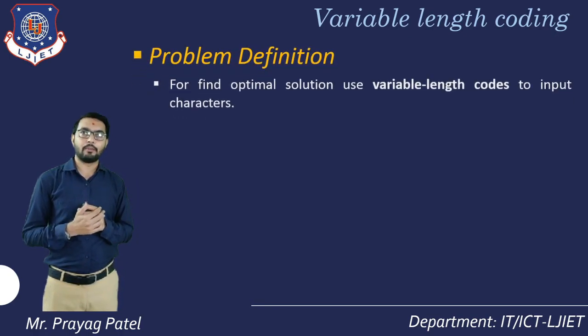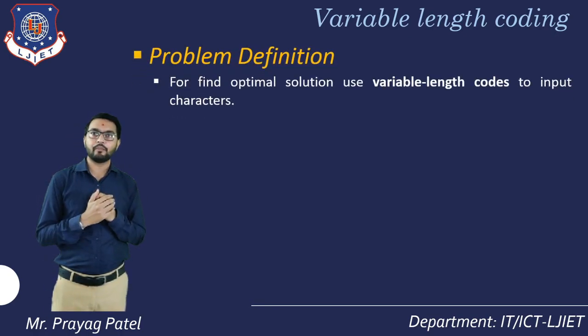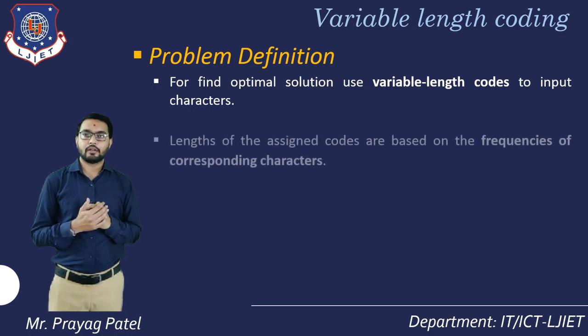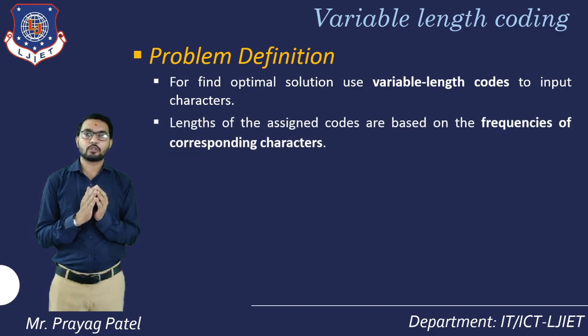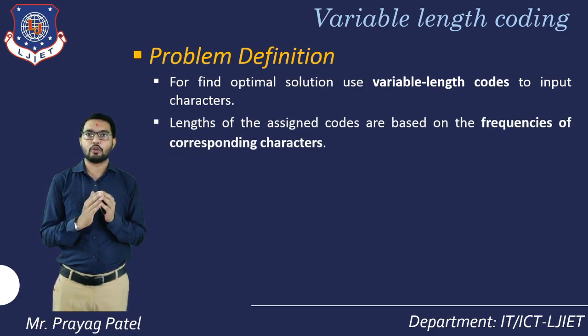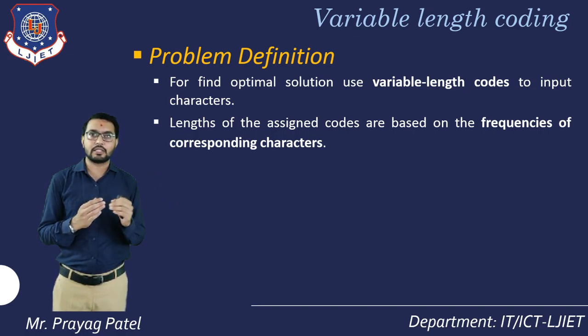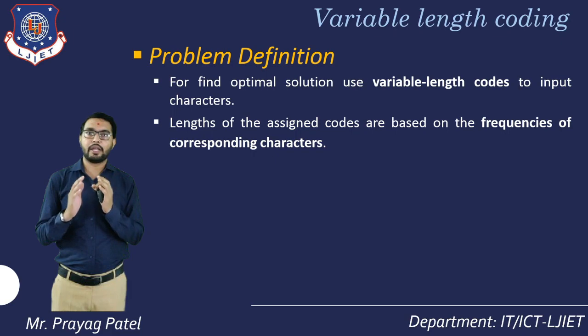Now consider the problem definition of variable length coding. To find the optimal solution, use variable length codes for the input characters. Next, the length of the assigned code is based on the frequency of the corresponding characters.